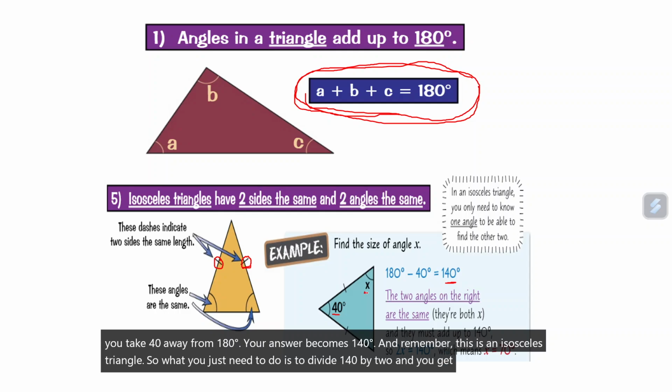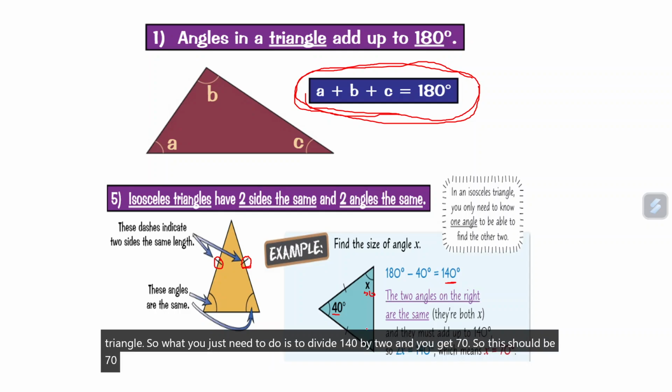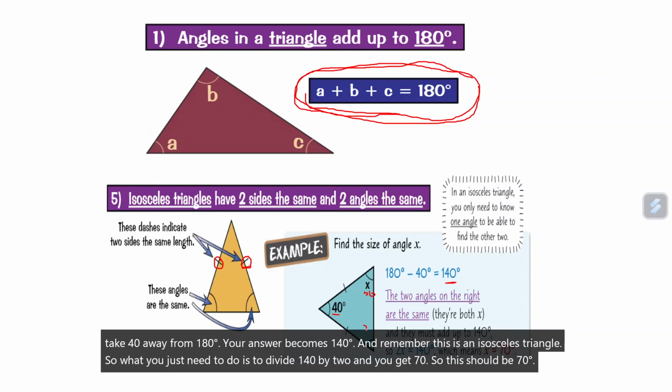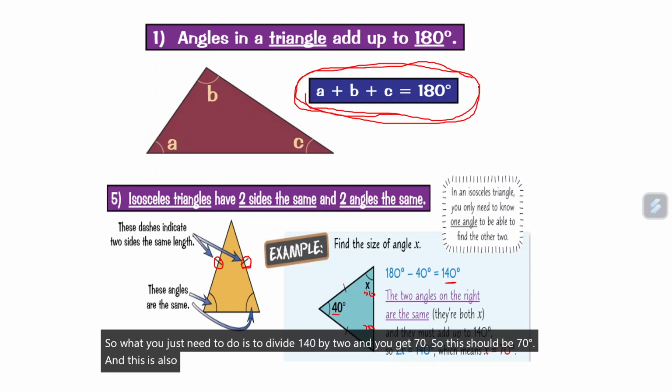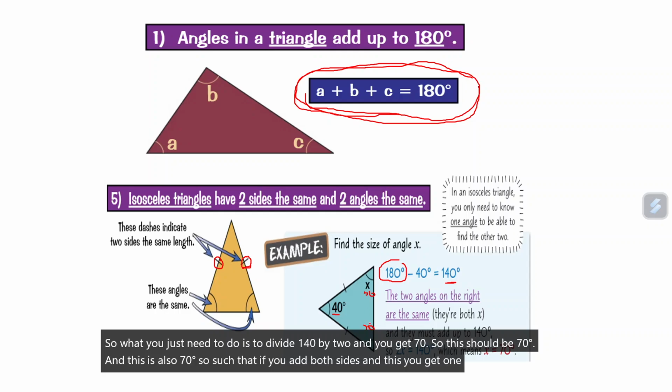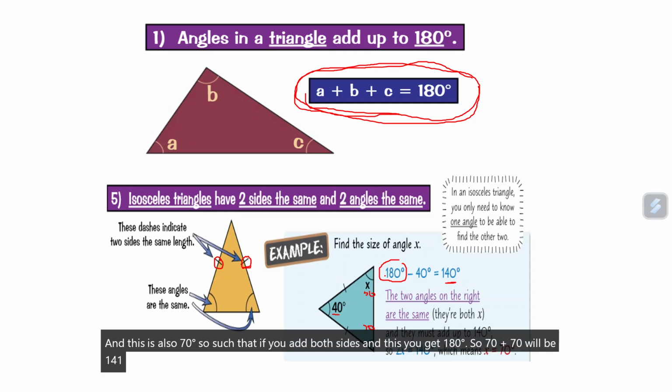So this should be 70 degrees and this is also 70 degrees. So 70 plus 70 will be 140. 140 plus 40 degrees will give us 180 degrees.